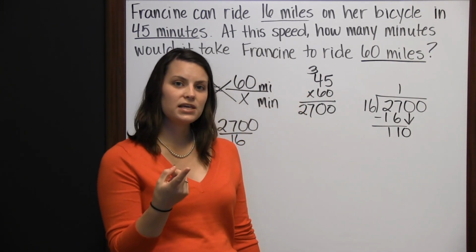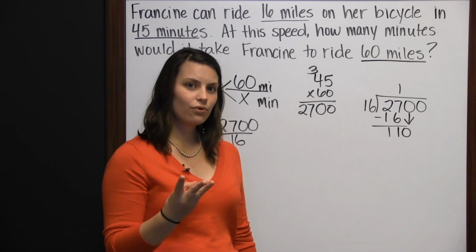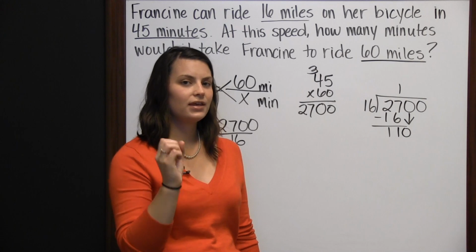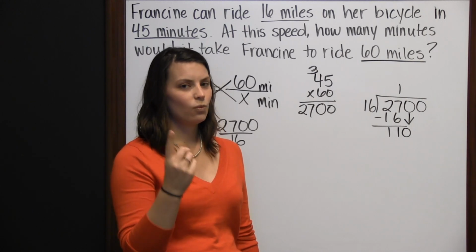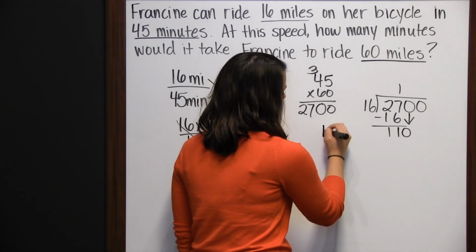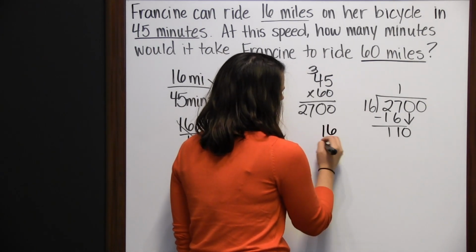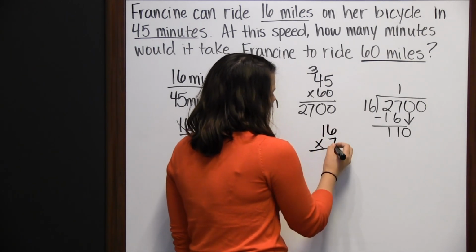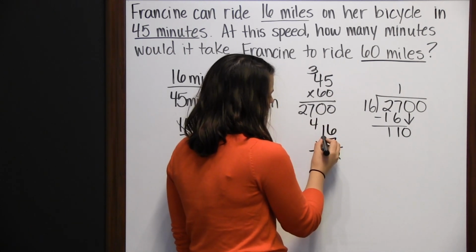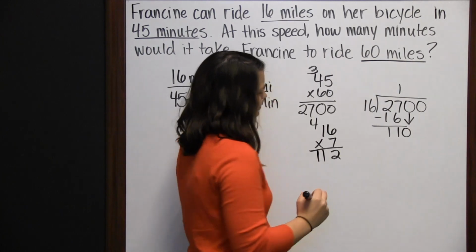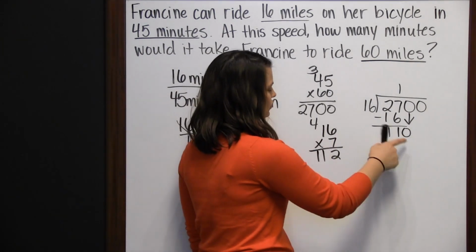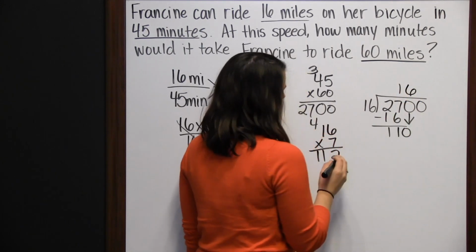So we have 15, 30, 45, 60, 75, 90, 105. So 7 times. So let's see if 16 will go into 110 7 times. 7 times 6 is 42. 7 times 1 is 7, plus 4 is 11. And that's a little too big, which means I know 16 goes into 110 6 times.